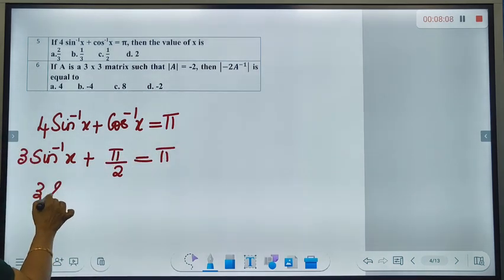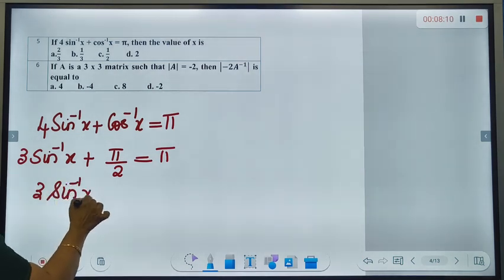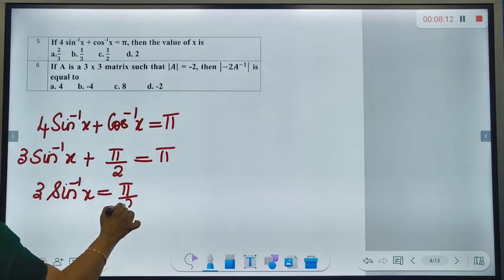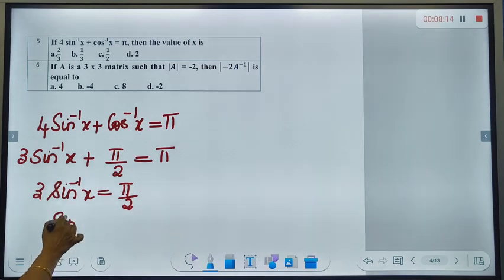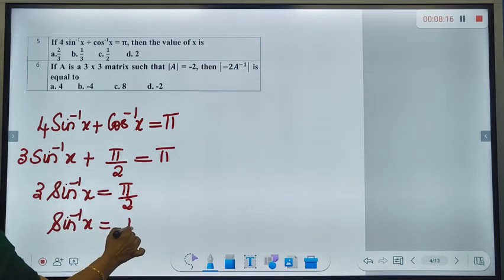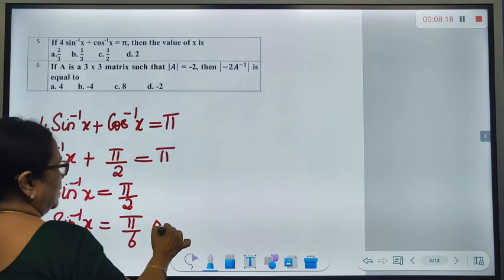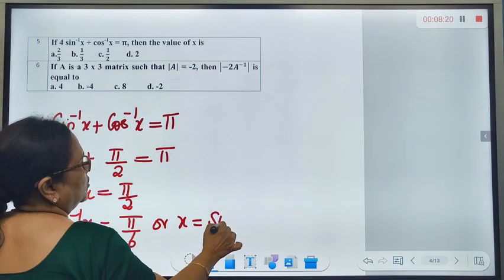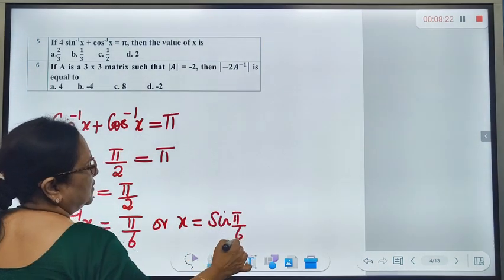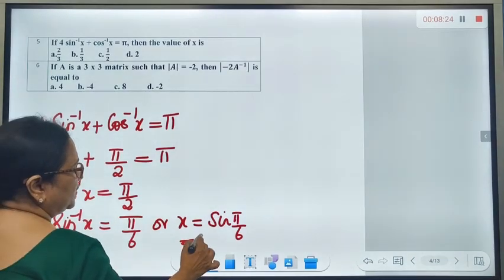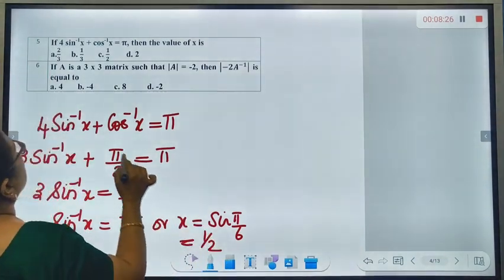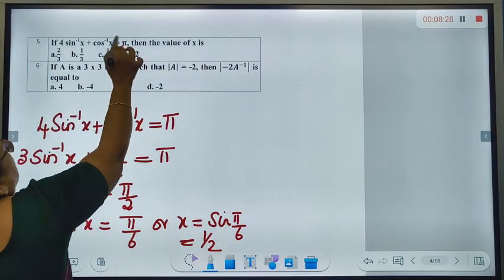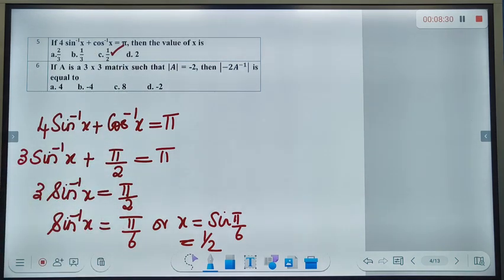So 3 times sine inverse x is equal to pi by 2. So sine inverse x equal to pi by 6, or x is equal to sine pi by 6. Sine pi by 6 is sine 30, which is half. So half is the correct answer.